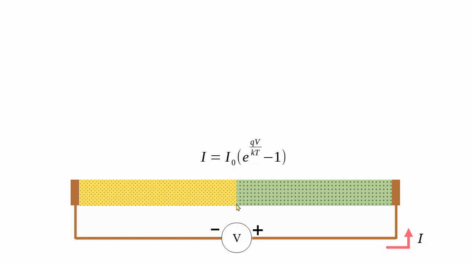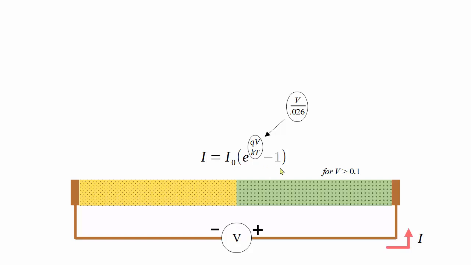At room temperature, the exponent, QV over KT, is V over 0.026 volts. When V equals 0, e to the 0 is 1, 1 minus 1 is 0, and the current is 0, as expected. When V is more than about 0.1 volt, the exponent term is a large number and the minus 1 can be ignored.